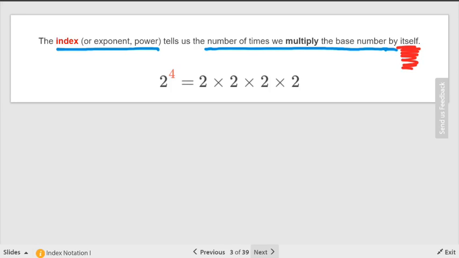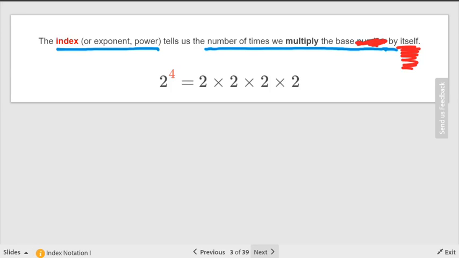Base number? Or the base, or just put base. I don't like that. Just put base by itself. Okay? So the base by itself. Good job, Sally. Okay? Because is the base always a number? No. It just happens to be in this time. All right?